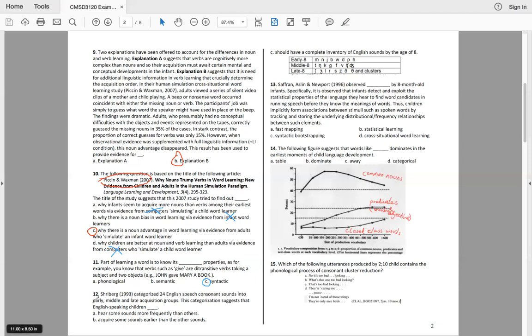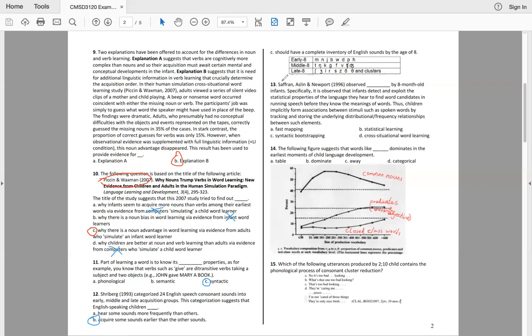That means this researcher grouped the 24 English consonants on the basis of how early or how late English-speaking children acquire these sounds. So certainly the answer is B. This suggests that English-speaking children acquire some sounds earlier than other sounds.